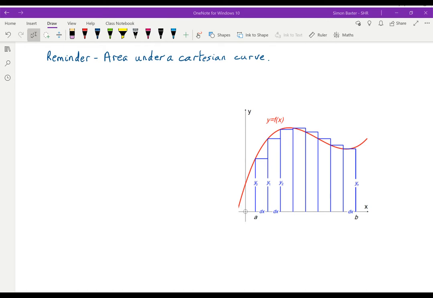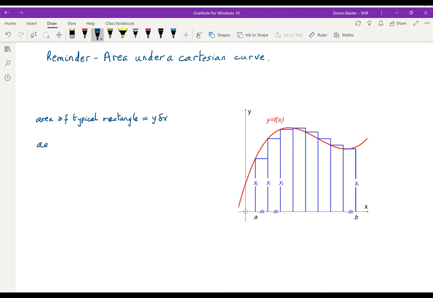So what we were really doing there was looking at the area of what I will call a typical rectangle. And that is y delta x.